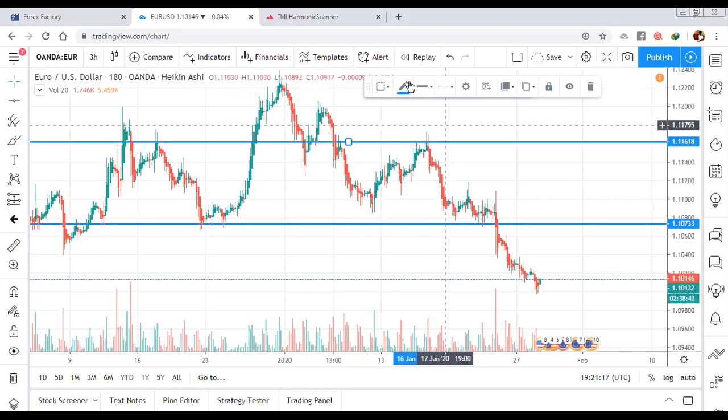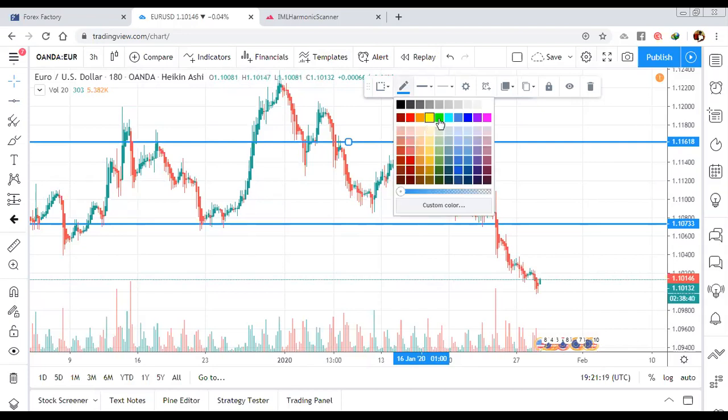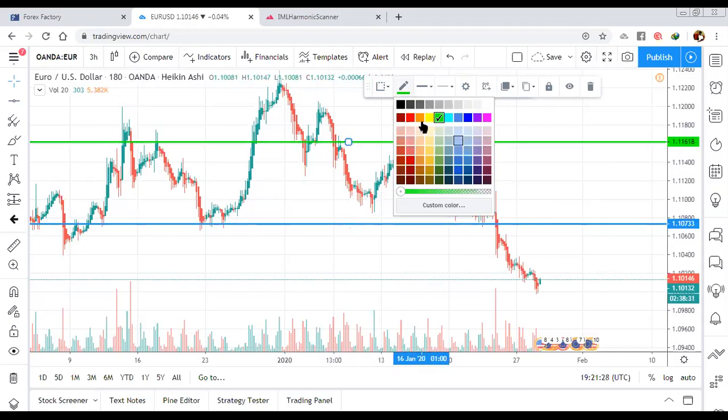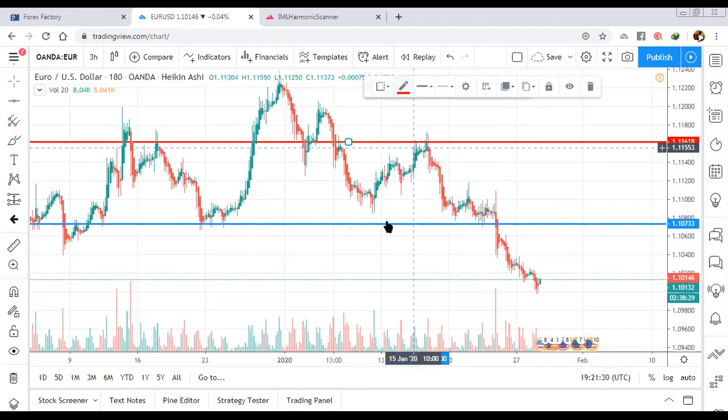Let me make this green. Let me just make this red and make the lower one green.